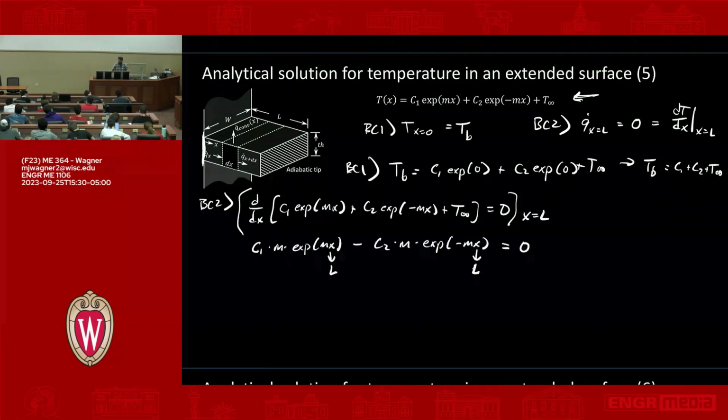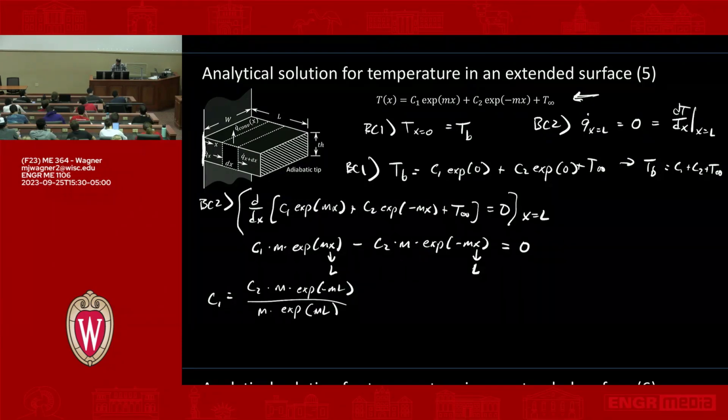So we can solve, and for this problem, C1 is equal to C2 times m times exponential of minus mL over m exponential of mL.